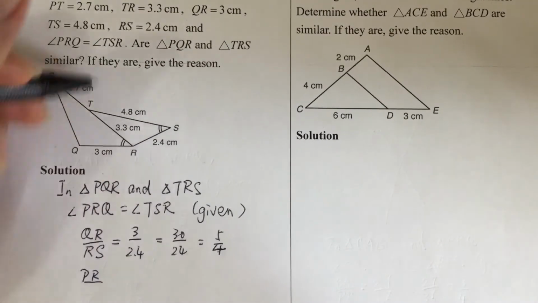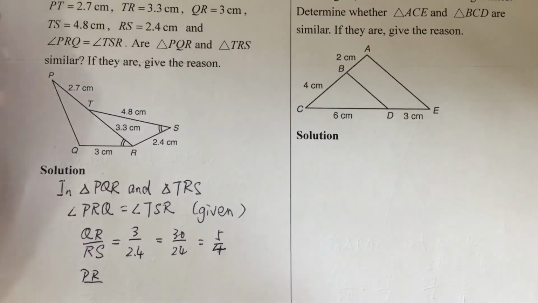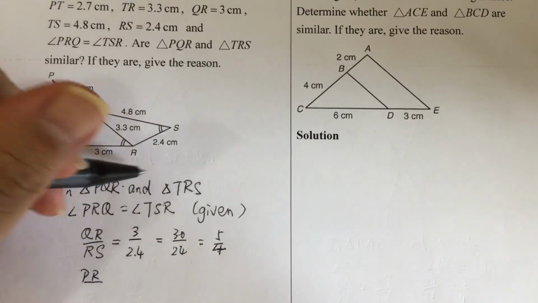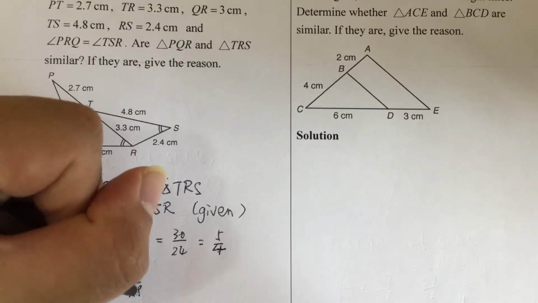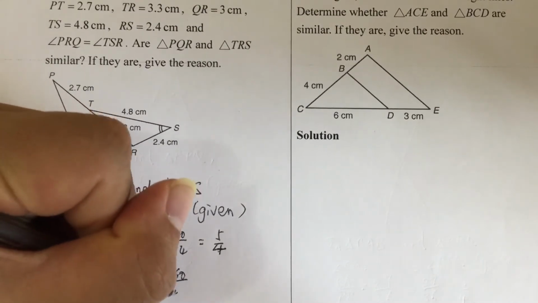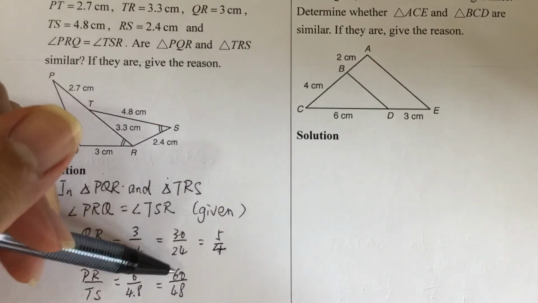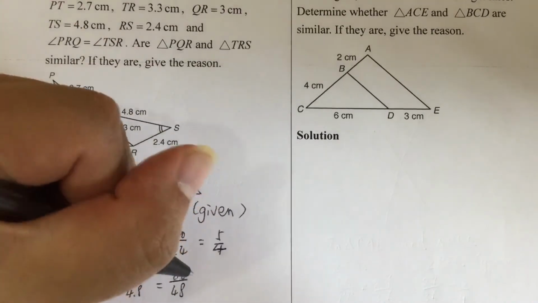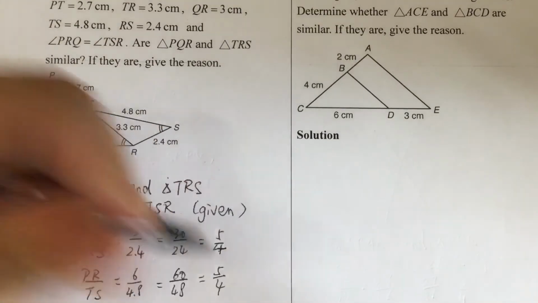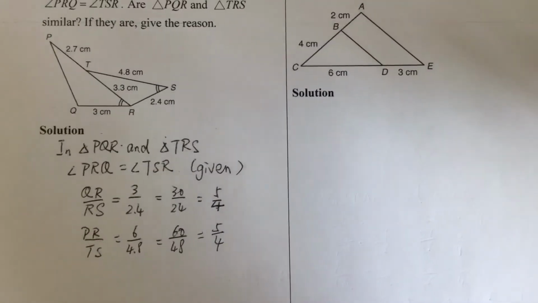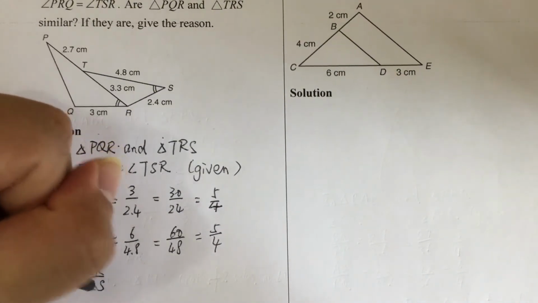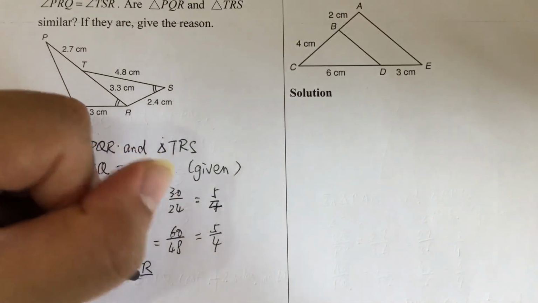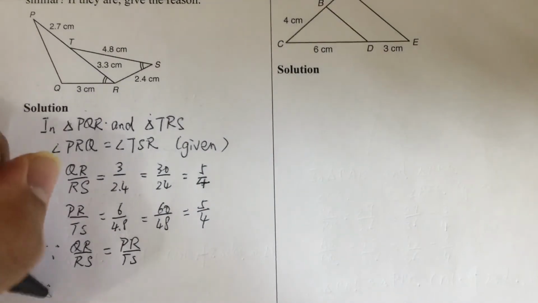And next, we will use the PR. PR over TS. So over TS, we have 6 over 4.8. Once again, this is 60 over 48. It must be equal because if I cancel 2, you see 30 and 24. Once again, this is 5 over 4. So I can say, since QR over RS is equal to PR over TS, these two are similar.